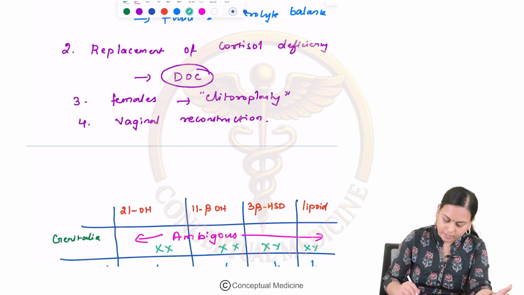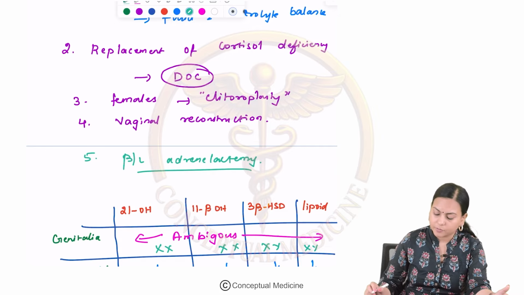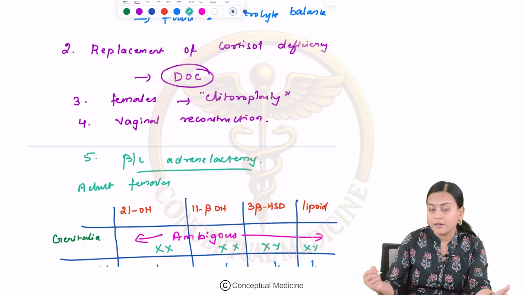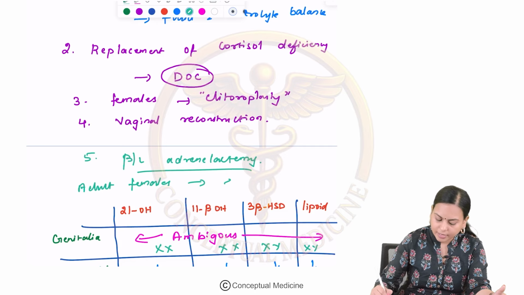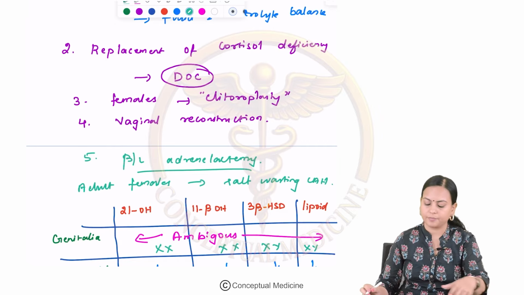That one you have to understand. Okay. And finally, don't ever forget about bilateral adrenalectomy. Okay, if there is failed medical management, especially in adult females, if they want to plan on fertility as well as they have a salt wasting type of congenital adrenal hyperplasia.